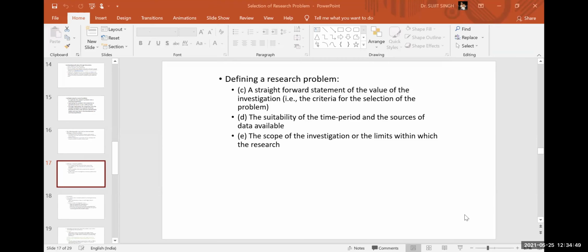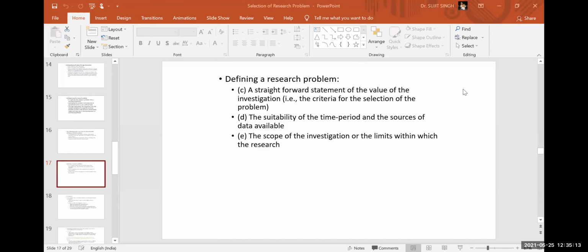Like you can say, to investigate the effect of coolant on the cutting conditions, or tool life or anything. That kind of statement you can make. That should be very straightforward, right?